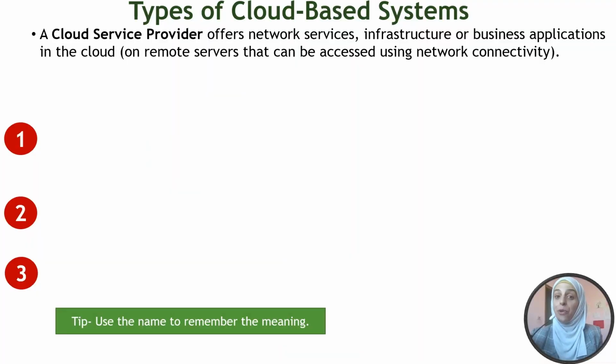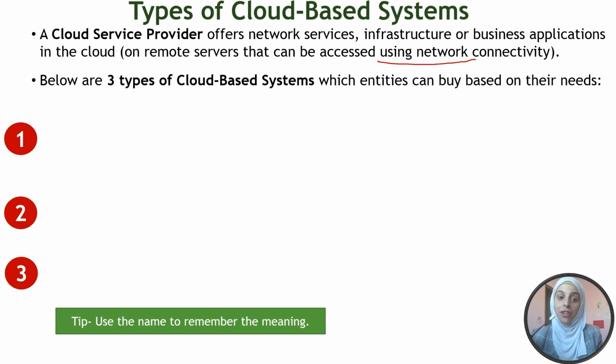A cloud service provider offers network services, infrastructure, or business applications in the cloud, which can be on remote servers that can be accessed using network connectivity. Cloud service providers can be, for example, Amazon, Dropbox, those providers.